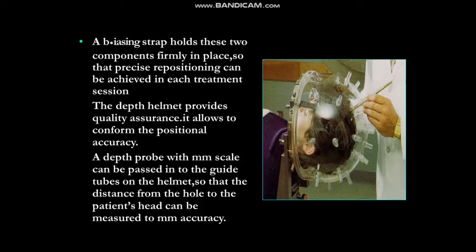The depth helmet provides quality assurance. It allows confirmation of the positional accuracy. A depth probe with millimeter scale can be passed into the guide tubes on the helmet so that the distance from the hole to the patient's head can be measured to millimeter accuracy, as you can see here.